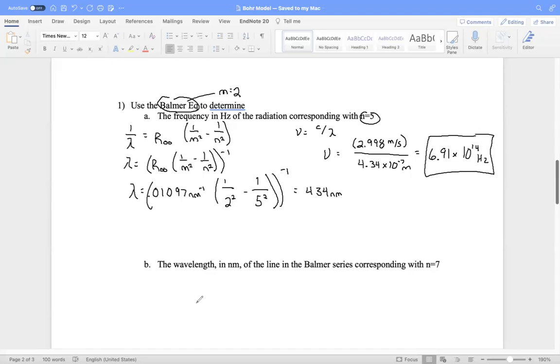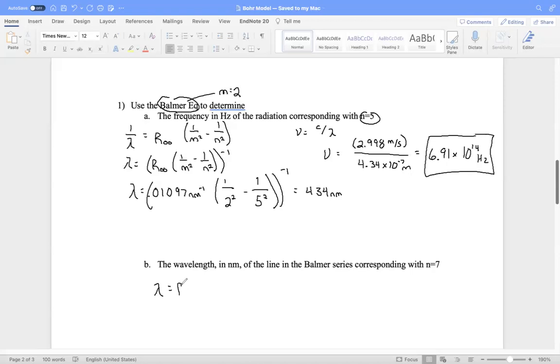So let's look at B, the wavelength in nanometers of a line in the Bohr series corresponding with n equals 7. And so B is pretty straightforward. All we need to do is plug in the n equals 7 to this equation for wavelength.